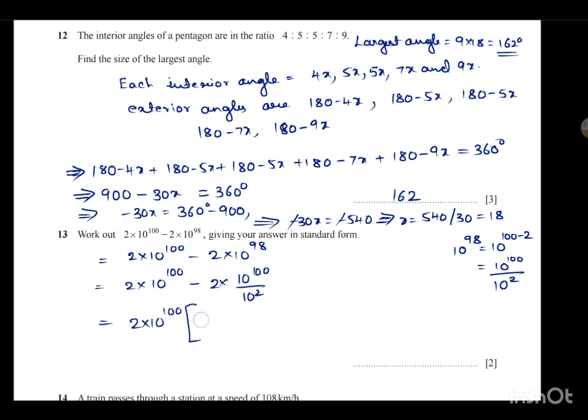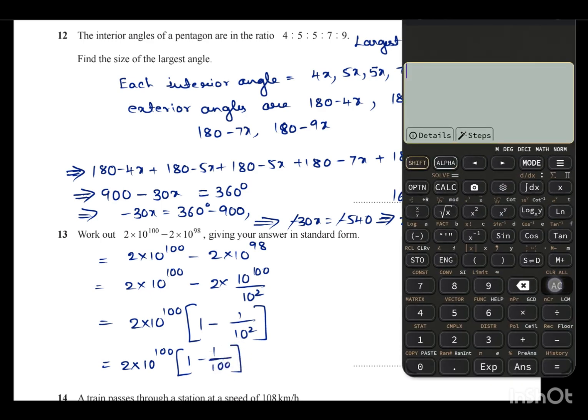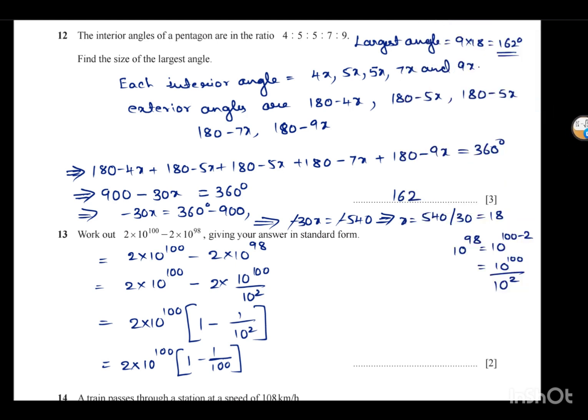Let me take common. I'll get 1 minus, what is left here? 1 by 10 raised to 2. Now what is 1 by 10 raised to 2? 100. 1 minus 1 by 100. So now 1 minus 1 by 100 is how much? You can do it in a calculator also. 1 minus 1 by 100, 0.99.